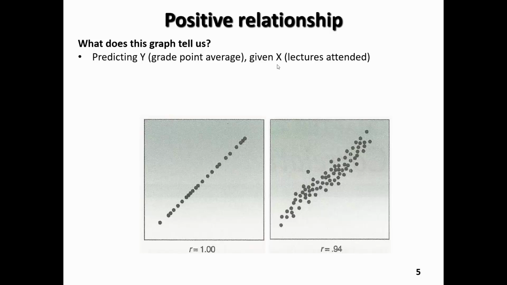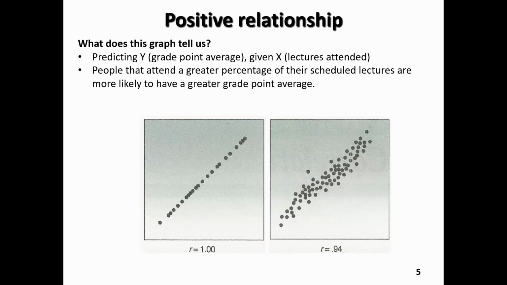The x-axis is a measure of the lectures attended. Along the x-axis, as we move from the left to the right, that would indicate a greater percentage of the lectures attended. And if we just take a look at these two graphs, we can see a general upward pattern that is quite perfect with the graph on the left, and not nearly as perfect with the graph on the right.